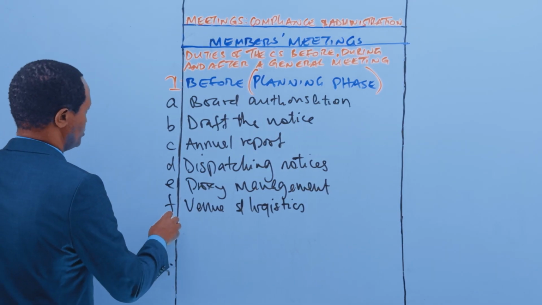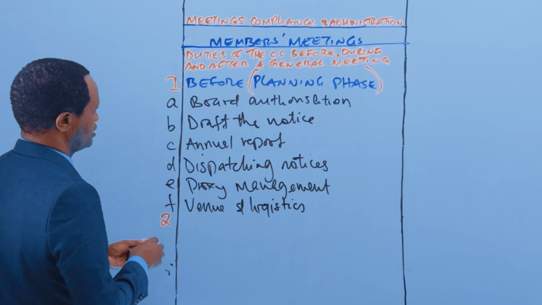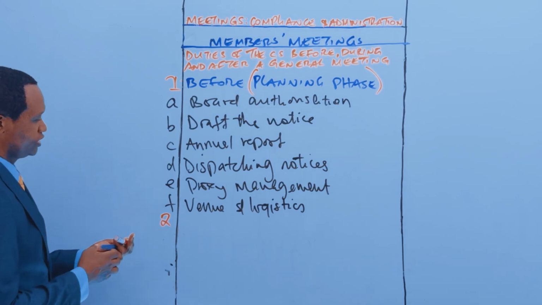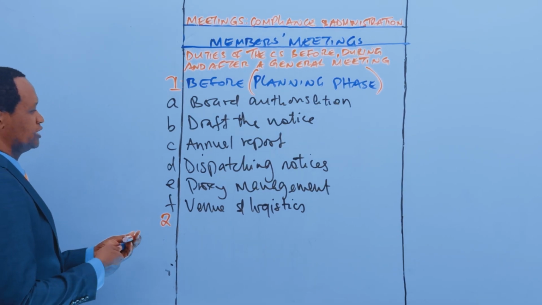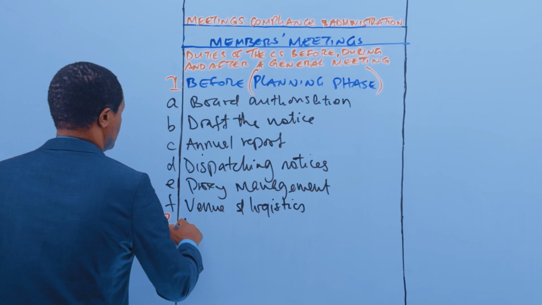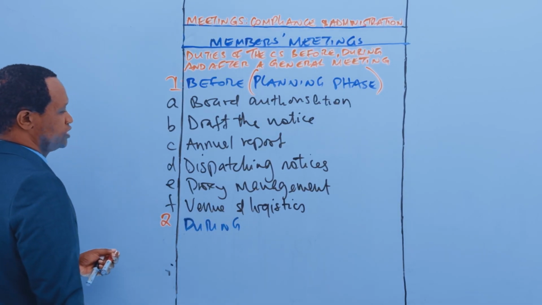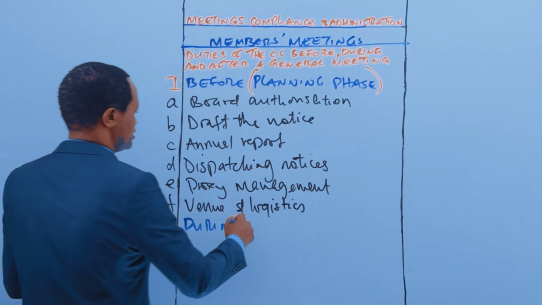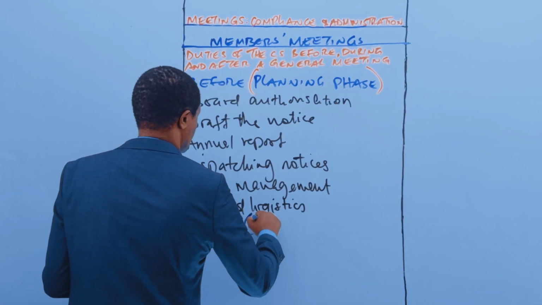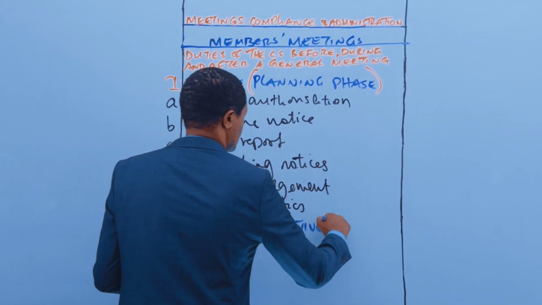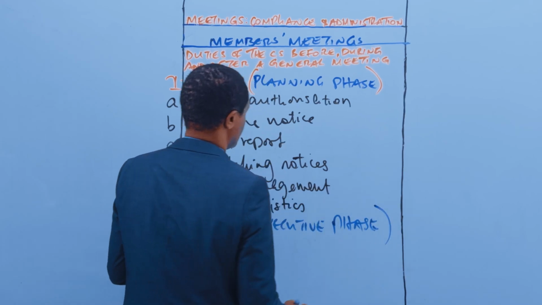Then number two, we want to discuss the duties of the corporate secretary during the meeting. What are the duties of the corporate secretary during the meeting? This is during the executive phase.